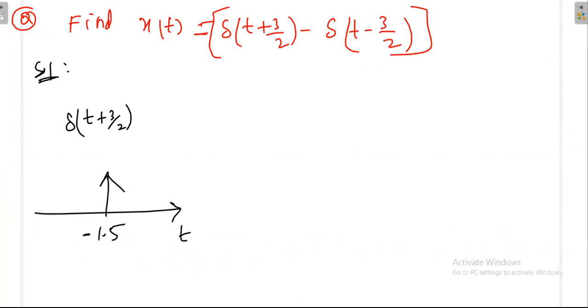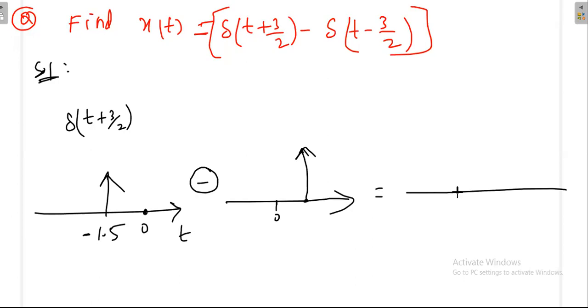Now your 0 will be there. Similarly, you have an impulse at t is equal to 3 by 2 also. If your reference is here, then you have an impulse there also. Now, if you apply minus here, what will be your final answer?